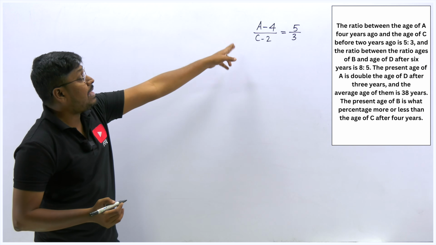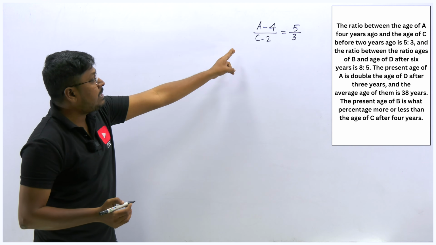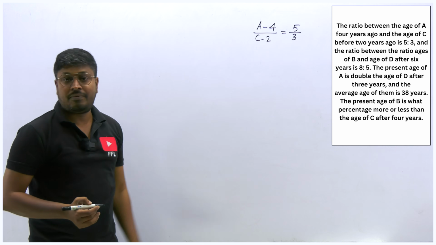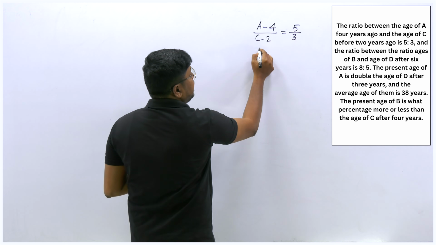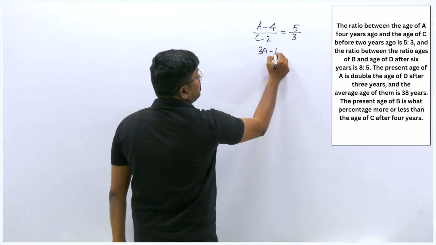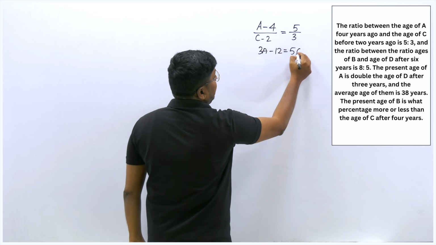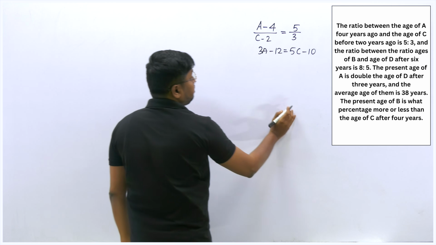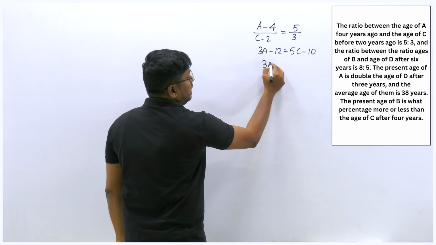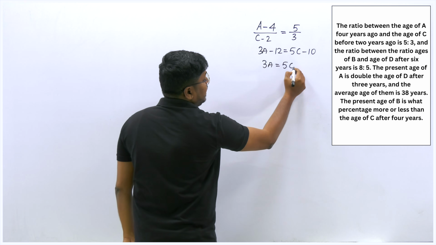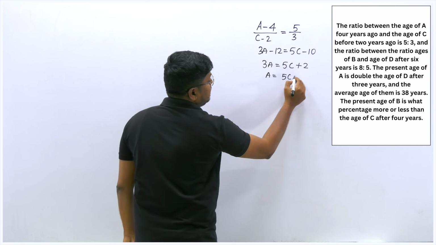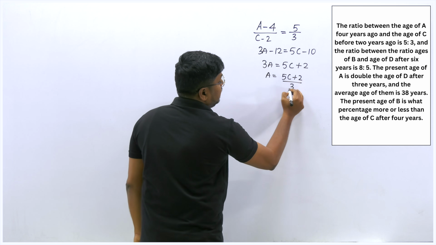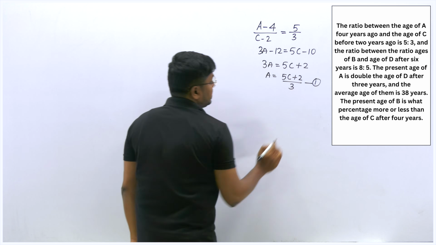A's age 4 years back and C's age 2 years back is 5:3, that means 5/3. So first let me solve it. This becomes 3A minus 12, since 4 threes are 12, equals 5C minus 10. So 3A equals 5C plus 2. So A equals (5C plus 2) divided by 3. Let me take this as equation number 1.